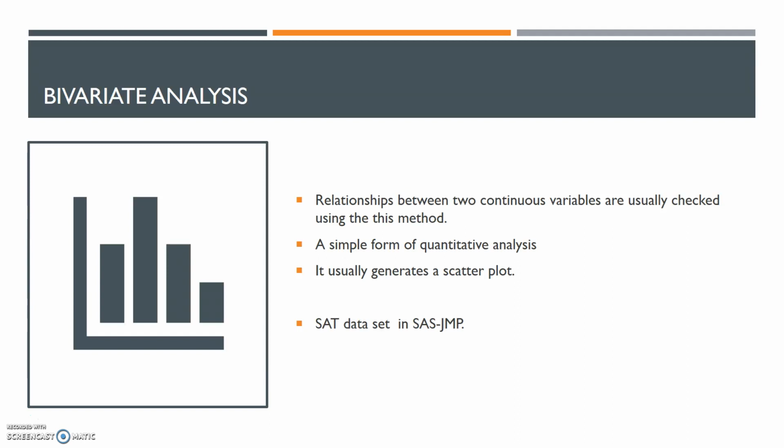It's a very simple form of quantitative analysis that generates a scatter plot for which you can fit a line or mean, and then get all your results or information from.